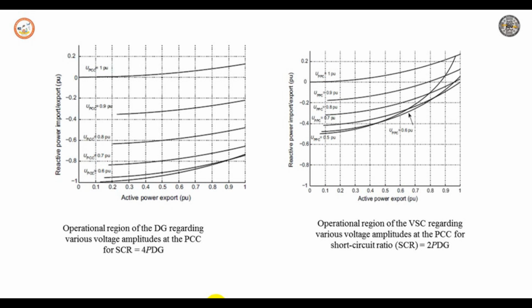Regarding the same example, the DG injects 0.8 per unit active power and the PCC voltage drops to 0.7 per unit, which needs about 0.4 per unit reactive power. Instead, boosting the voltage level to 1 per unit is a possible operation.